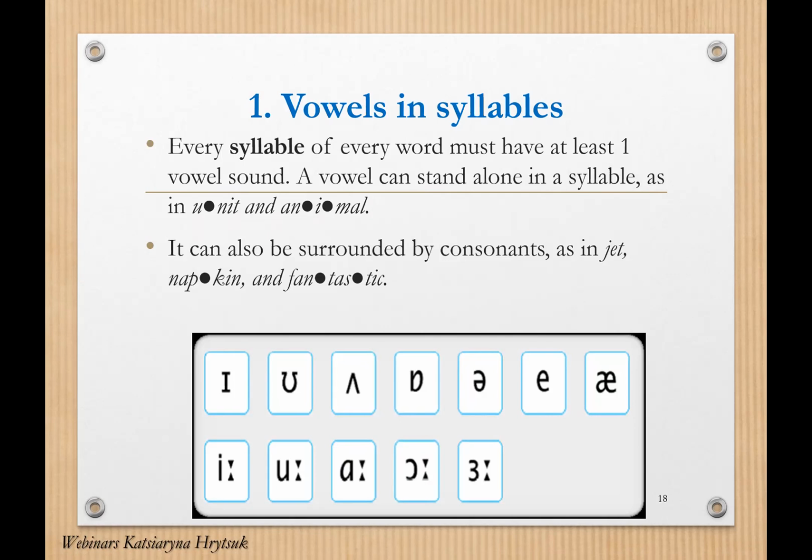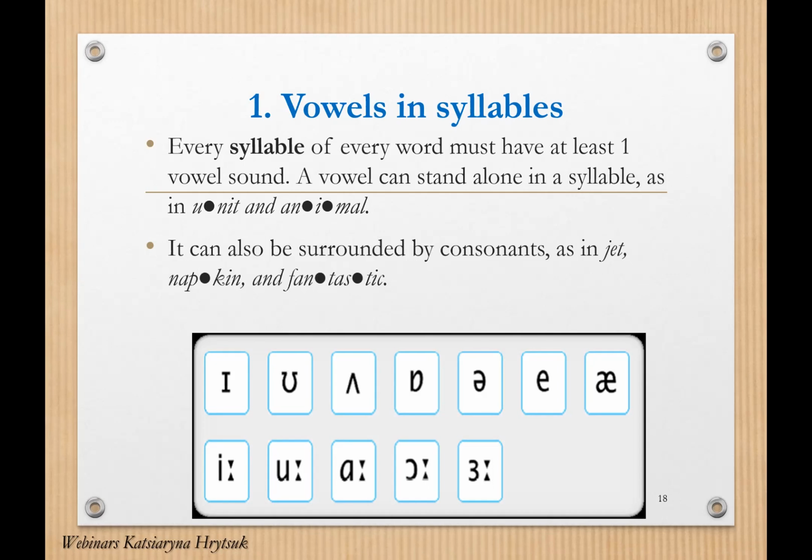U, it's a syllable. So one vowel makes one syllable. You see, that is very interesting. And the word animal. So here we also have syllables. You see, 3 syllables. Animal. So that's why we can say that every word should have at least one vowel, and one vowel can be alone in a syllable.